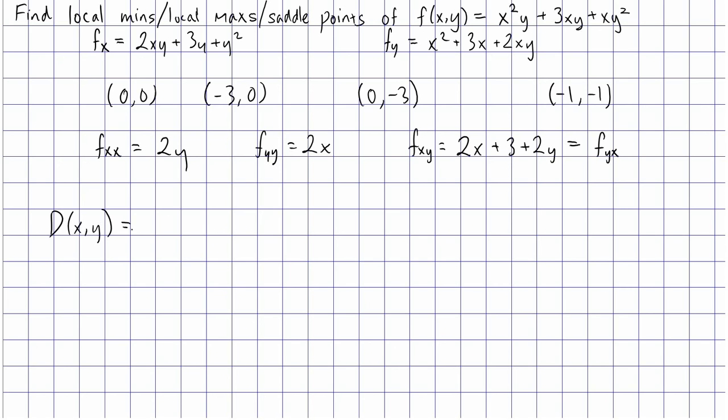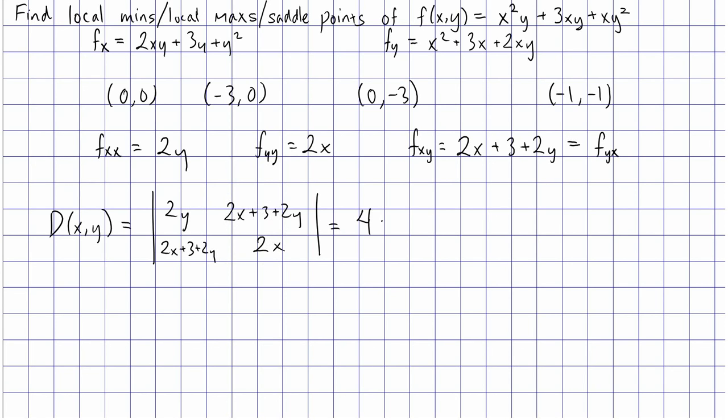So this will be a function of two inputs, and we'll take the determinant of, well, copy the 2y from right here, and then we'll need in the off diagonal entries here 2x plus 3 plus 2y, same thing again, 2x plus 3 plus 2y, and then finally over here 2x. This may look daunting to compute, but let's go ahead and multiply these two out and simplify.